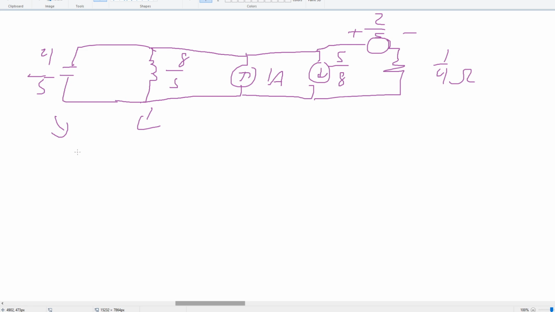So this is going to turn into 4 over S in parallel with 8 over S. So I could go through the whole thing. First you do product over sum, and then you solve out for it. I'm just going to write the answer.